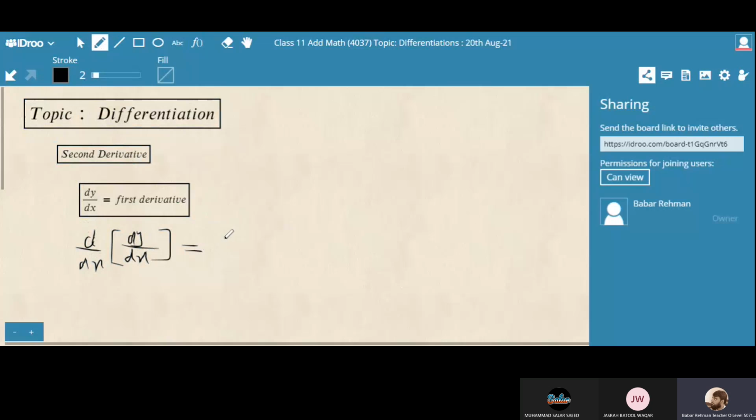We write d square y with respect to x square. We should not write the square in the denominator as d square; this is the rule. This represents that we are finding the double derivative of y with respect to x, and x square means this is the double derivative.